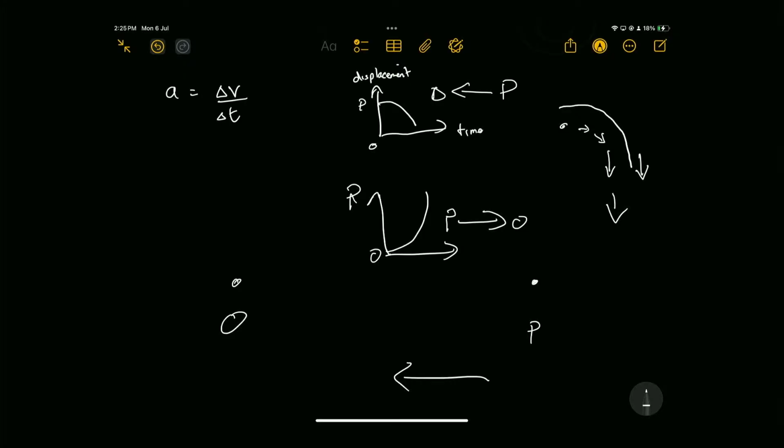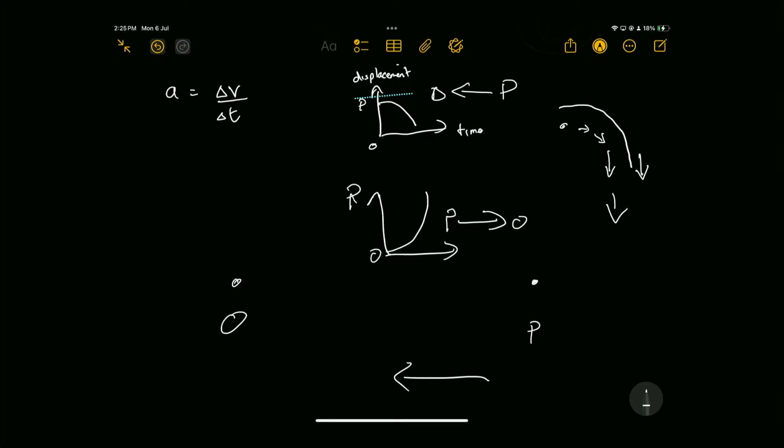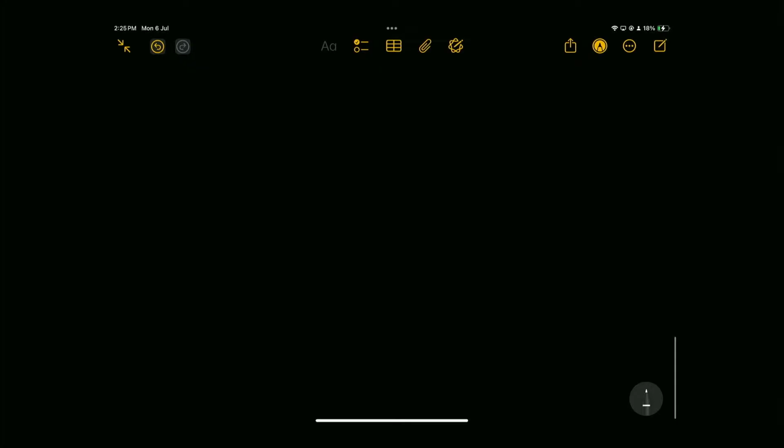Okay, so let me give two more examples for this. Let me just go further down and draw. Right. So how would we describe this graph?